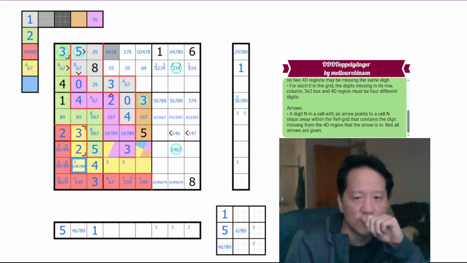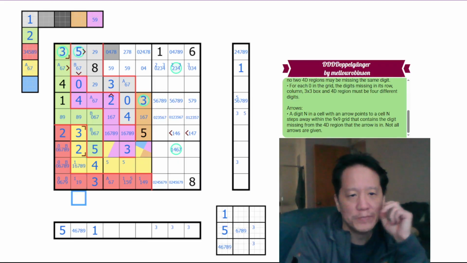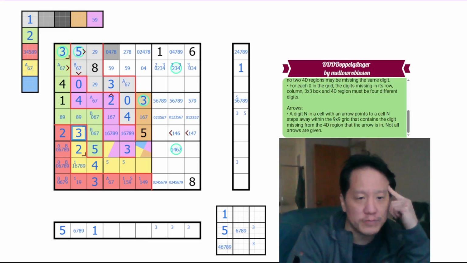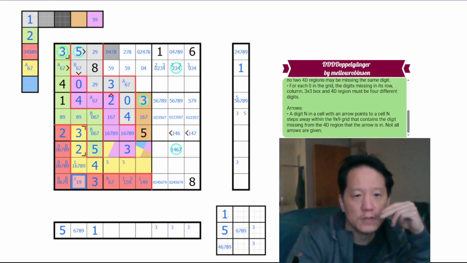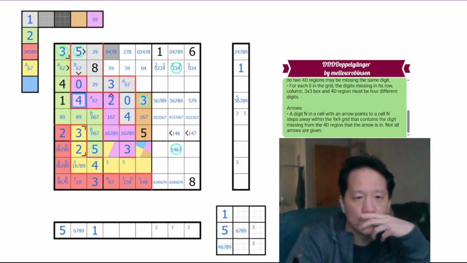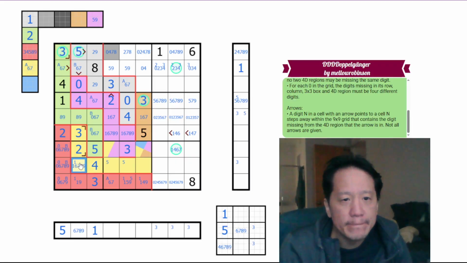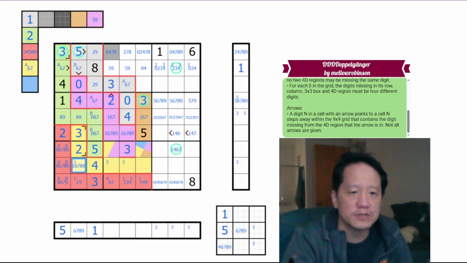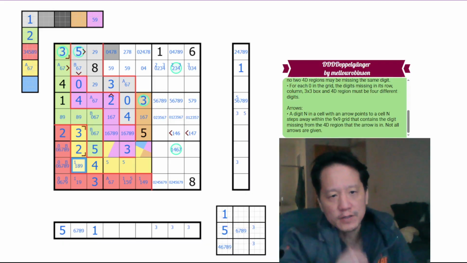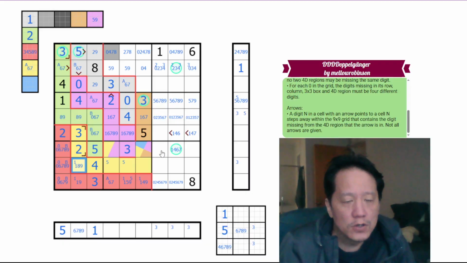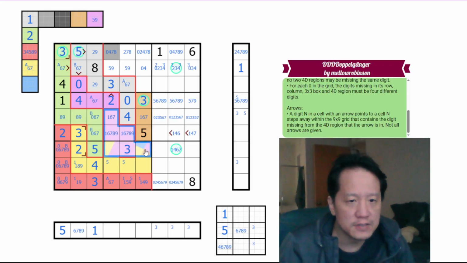That eliminates 4 in the rest of the box. So this can't be missing a 4 in column 2. Interesting. B also points to here, so this can't be 6 or 7. So it's 1, 8, or 9 there. B has to be one of these cells. We don't know which, so that's not helpful there. We know B is one of these two.